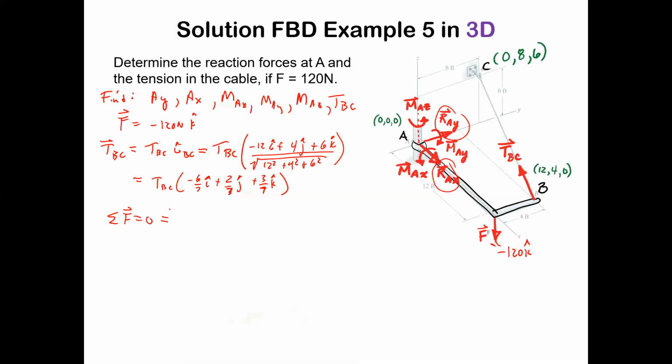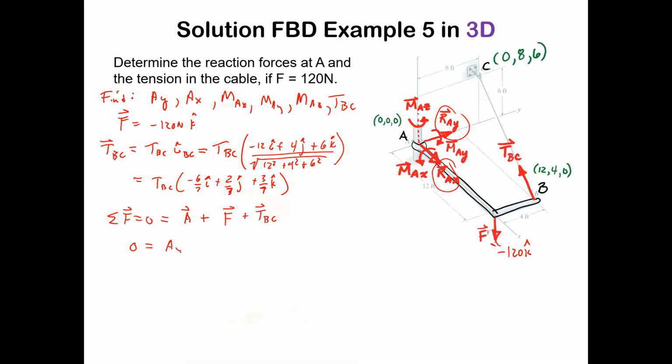So you can do the sum of all the A forces, plus that F force that's given to us, plus the TBC force, has to equal 0. You can list them all as vector components. I usually don't do this. I usually just do the sum of the Fx's, Fy's, Fz's. But it's one way if you like to do it in vector notation. It can be a little briefer, maybe.